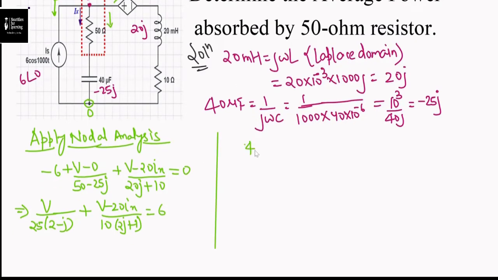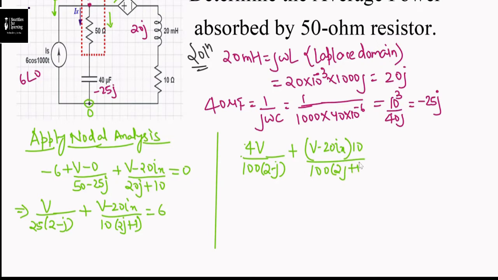Now we need to multiply 4 on numerator and denominator for simplicity. Similarly, on this we need to multiply 10 on numerator and denominator for simplicity.